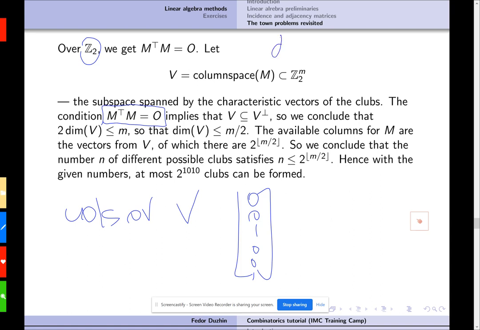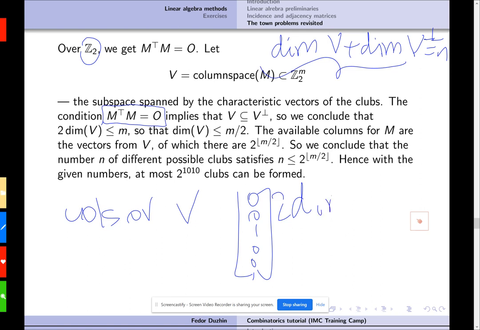At the same time, we know that the dimension of V plus the dimension of V orthogonal complement is n, right? And since the orthogonal complement of V contains V, this whole thing is actually bigger than 2 times the dimension of V. So this is how we got the inequality: 2 times dimension V is less than or equal to n.